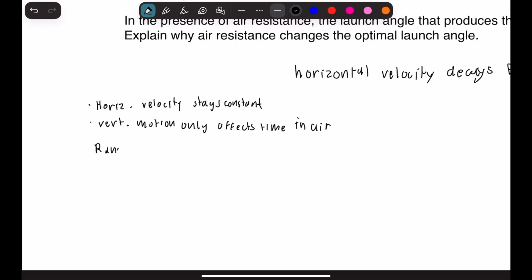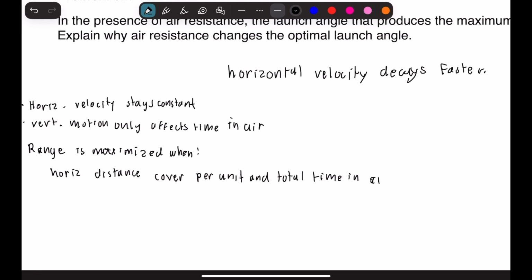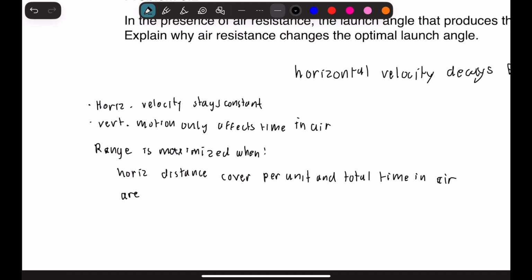And we know that range is maximized when the horizontal distance covered per unit of time and the total time in air are balanced, which happens at 45 degrees.